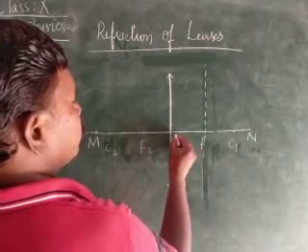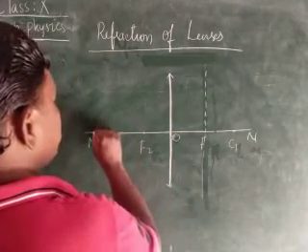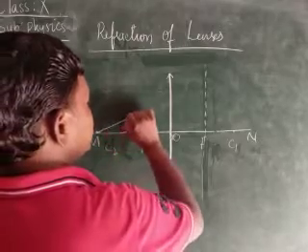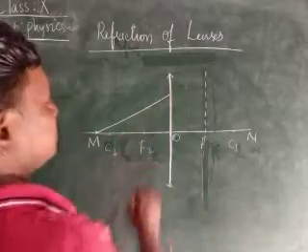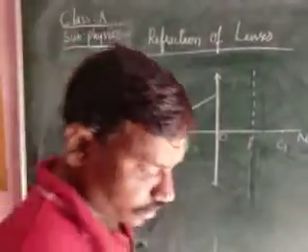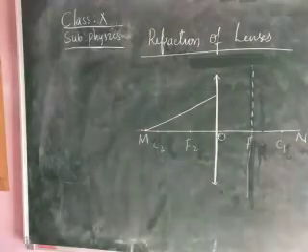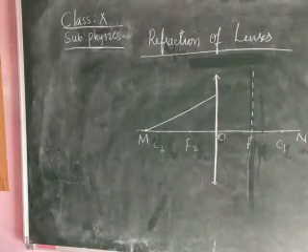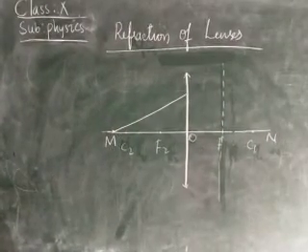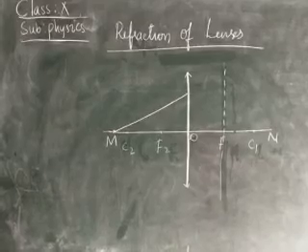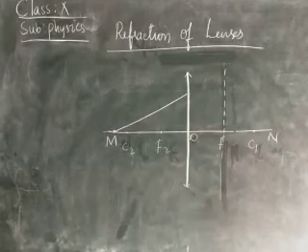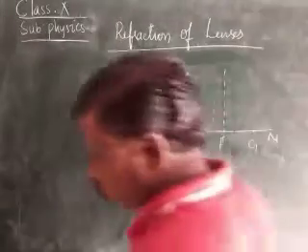The ray from it is incident on the lens somewhere here, at a certain point. Let it be P dash.